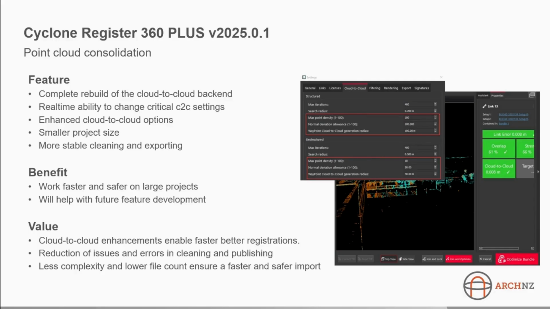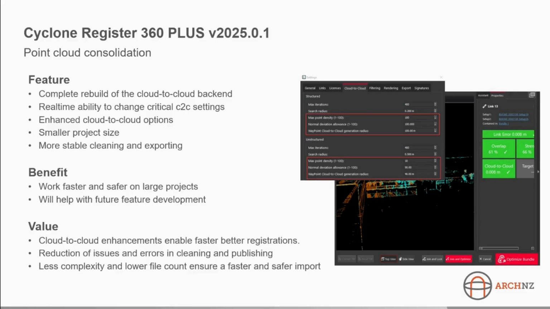Excuse my overuse of the word cloud. And then there's the visual cloud, the one you see and manipulate and export. These import settings, like your maximum point density, the normal deviations, the density of the cloud for registration, they will all apply on import. And so once your import was finished, there's no way to change those settings.